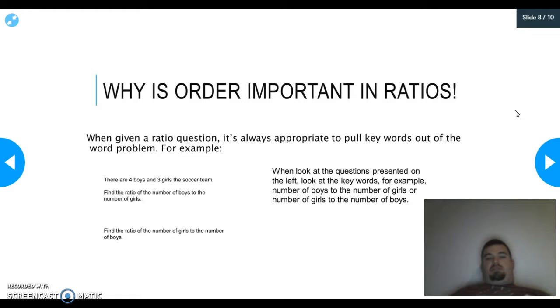When we look at the questions, look at the key words, for example number of boys to the number of girls, or number of girls to the number of boys. So order is important depending on which way the question is worded. It could be boys first and then girls, or girls first and then boys. We want to be careful when we read those questions, putting the numbers in the most appropriate place in the ratio.